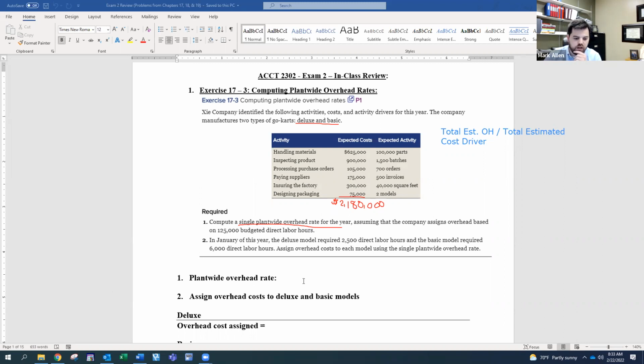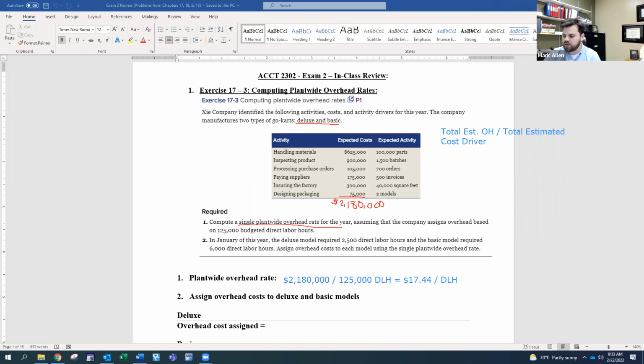So the next thing we've got to do is take our 2,180,000 that we just computed and divide that by the 125,000 direct labor hours. When I do that, that will come out to be $17.44 per direct labor hour. So that is my plant-wide overhead rate. That's the first thing we had to do in this problem.